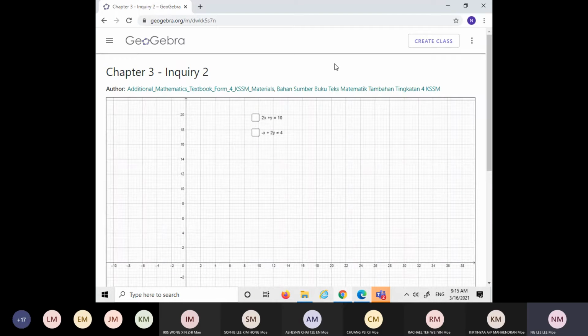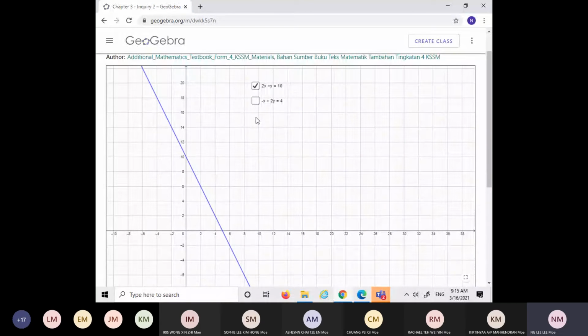Okay, this is yours. So you have these two linear equations. Since you have more than one, we call it a system of linear equations in two variables. This one you learned in lower form. By using a graph, we show this is the line and this is the line.